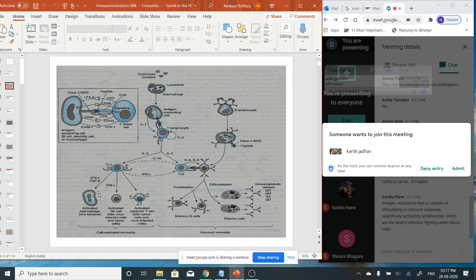Then you can see these activated cytotoxic T cells because of these various actions. So all these chemicals are acting, and these are responsible for that.